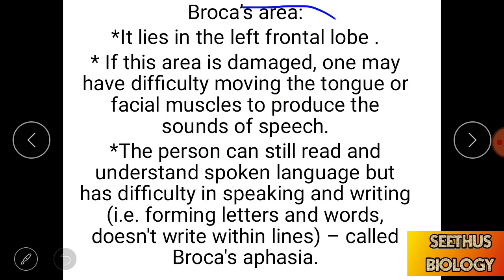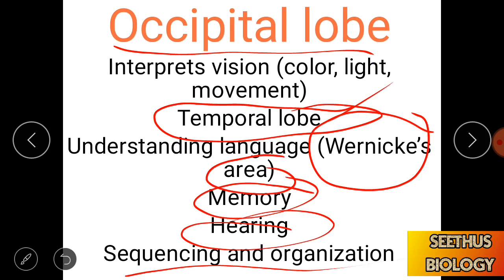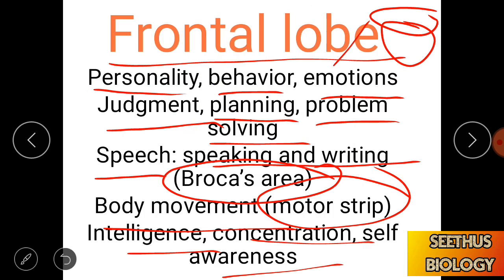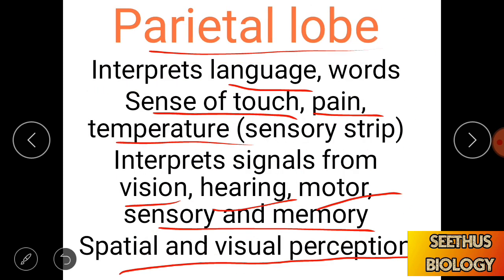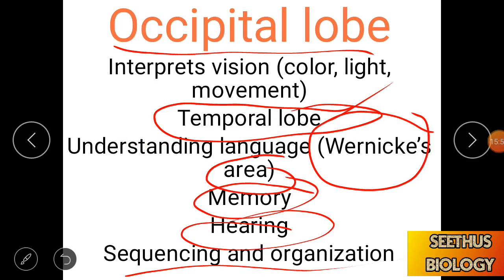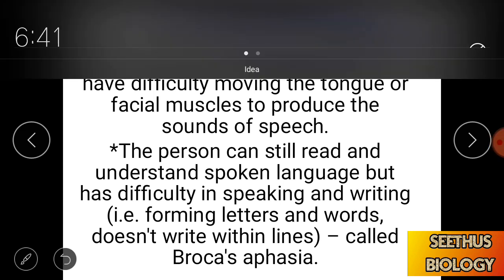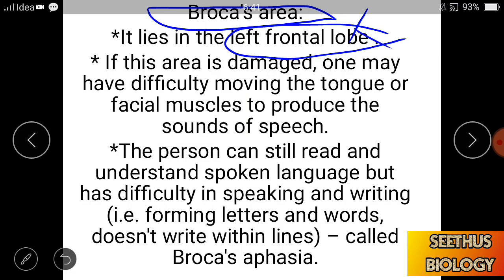Broca's area, which I already showed in the figure, is present in the frontal lobe. It regulates the speaking and writing of our body. It lies in the left frontal lobe. If Broca's area is damaged, then moving the tongue is impaired.